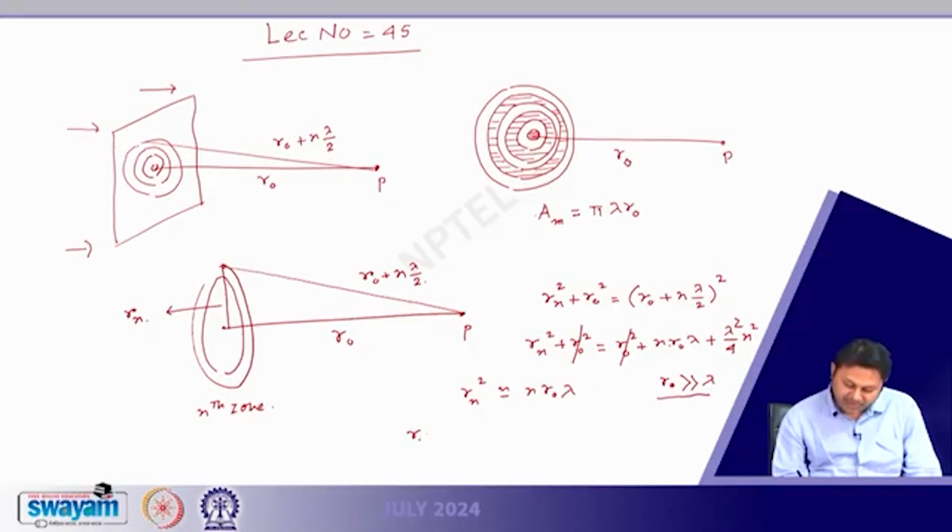Essentially R n is equal to root over n R naught lambda.